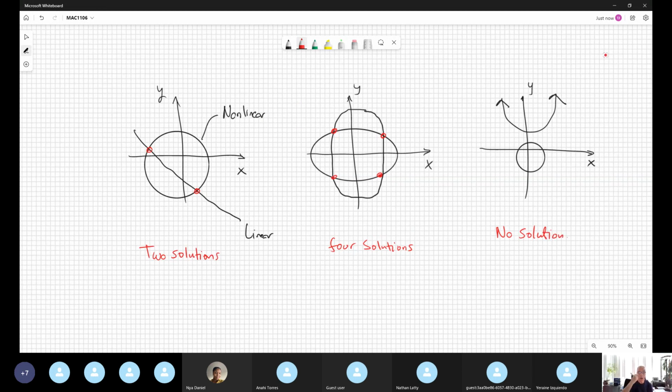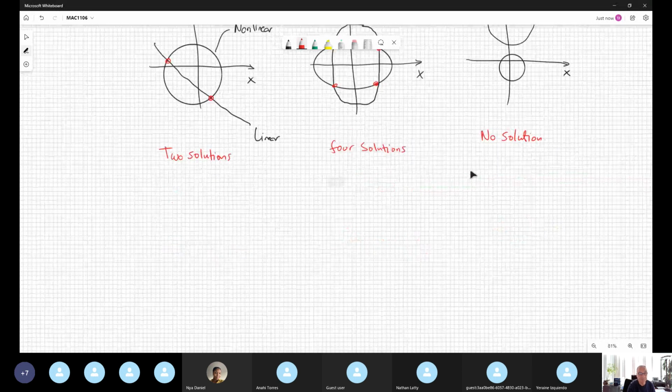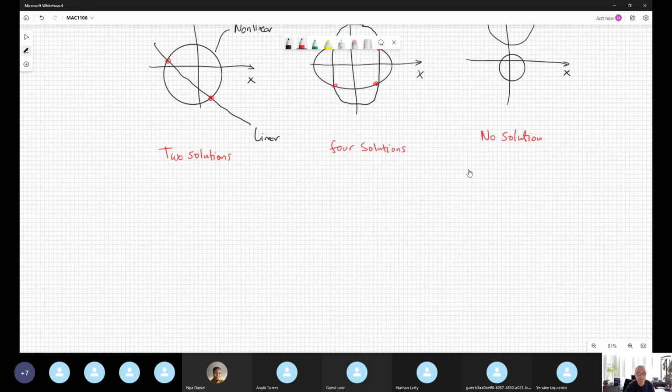Okay. And now you see an example, I promise, of this situation. Example 1. Minus x minus 7y, very similar to the first one. Very similar, no, it's the same. Equal 50.